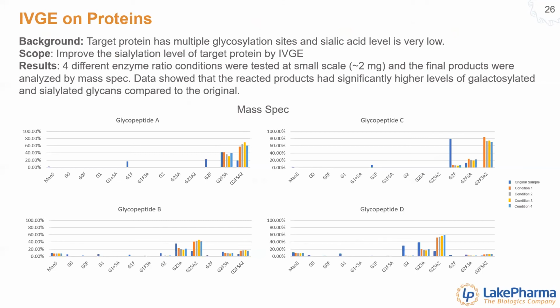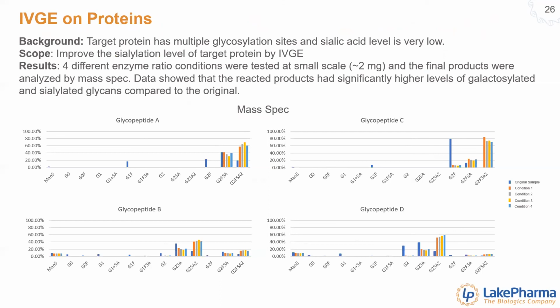If you look at glycopeptide A, where we do see sialylation just coming out of the CHO cells, we see the presence of G1F, G2F, and G2FSA.